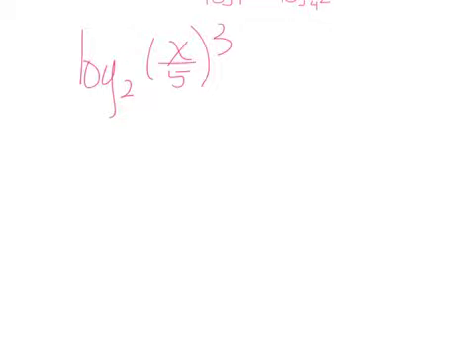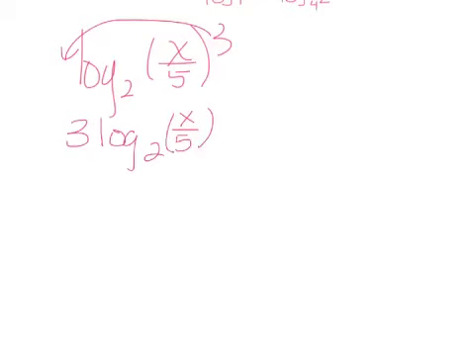So if I take the power rule, which would move the 3 out front, I would have 3 times log base 2 of x divided by 5. That leaves me with the quotient rule: 3 parentheses log base 2 of x minus log base 2 of 5.